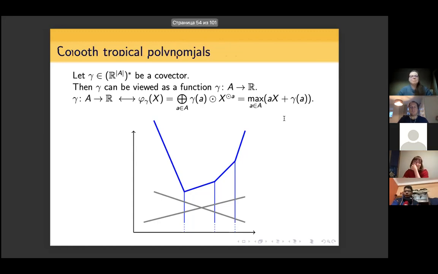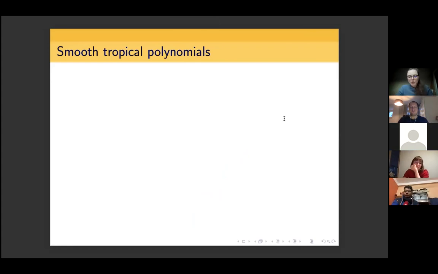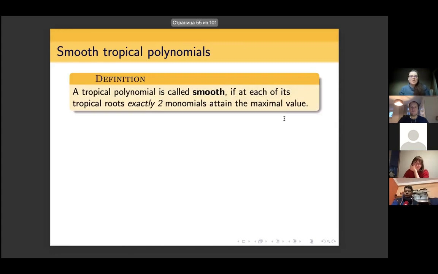So now I want to actually give you the answer for the classical case, because we know the answer in terms of the secondary polytope story, but I can reformulate it in the tropical language so that you understand the flavor. What we can do is come up with a notion of a smooth tropical polynomial.